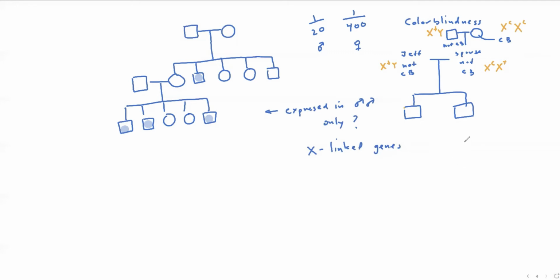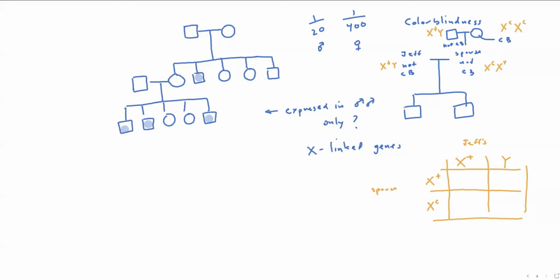Okay, so if we put Jeff's gametes along the top, I could pass on my X+, or I could pass on the Y chromosome. If I look at my spouse's gametes, she might pass on either the X+, or she could pass on the X chromosome that she got from her mother.